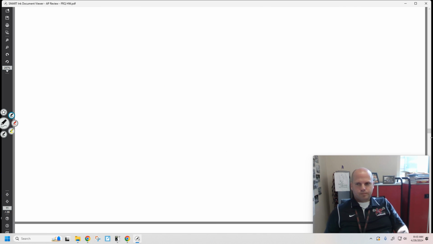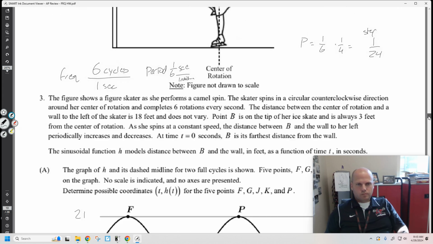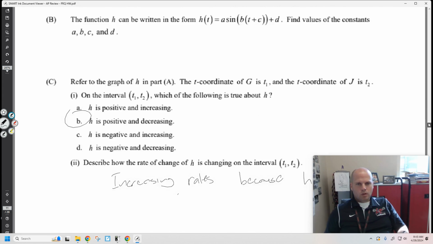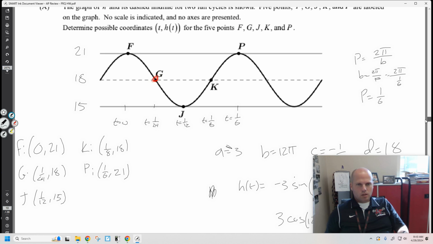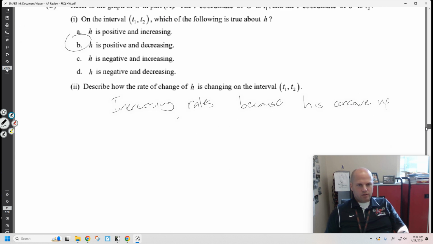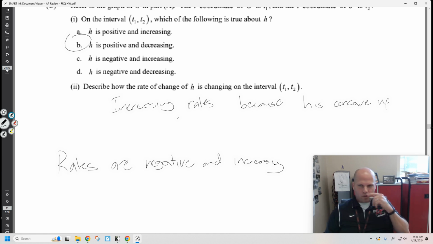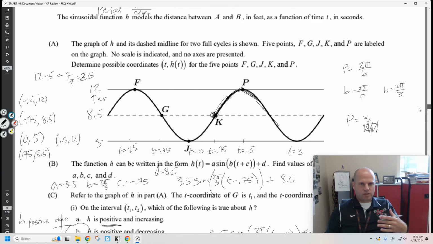Between G and J, the rates are negative and increasing. This might be safer. Maybe they want both of those characteristics.